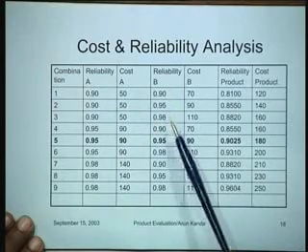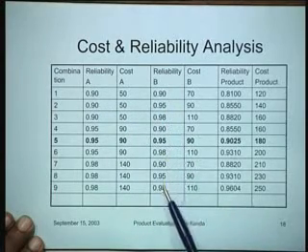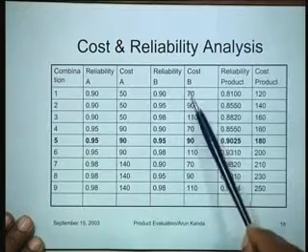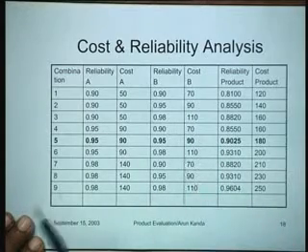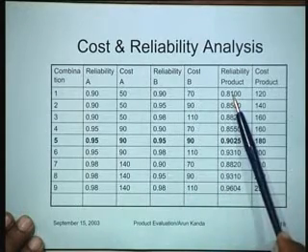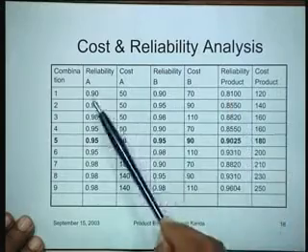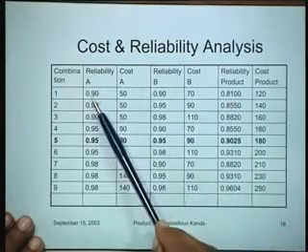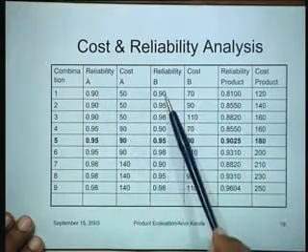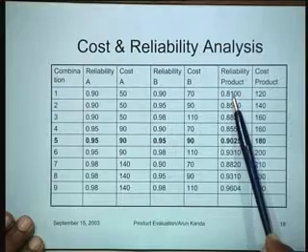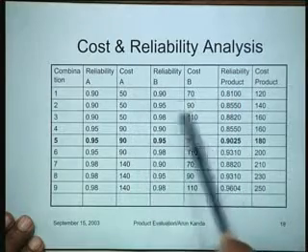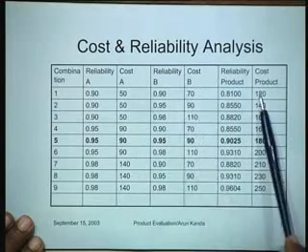So you have all the combinations, and similarly you have all these probabilities here, and the costs are here. So what we can do is we can calculate the reliability of the product. The reliability is multiplicative, right? So the reliability of the product is 0.9 into 0.9, which is 0.81, and the costs are additive, right? So this is 120. This is the cost.